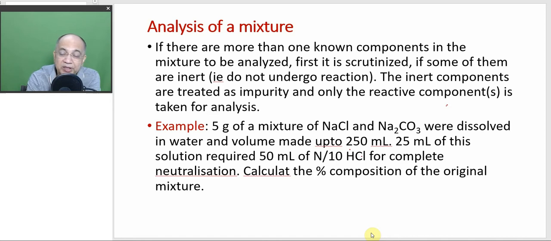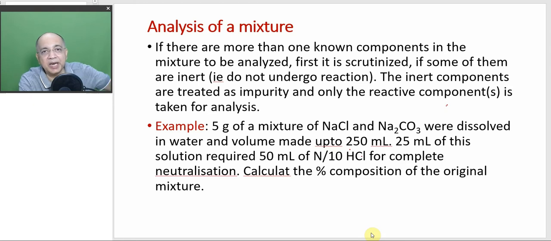So there are two possibilities. One, just like impurity, the name of the components are given, out of which, supposing 2 components are there, one is really inert. So it is as good as an impurity. Only difference, there was no mention of its name.